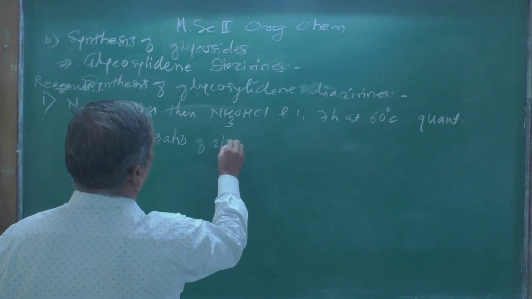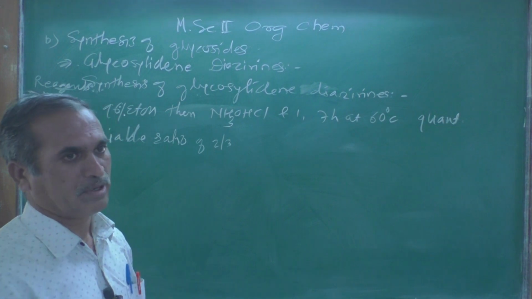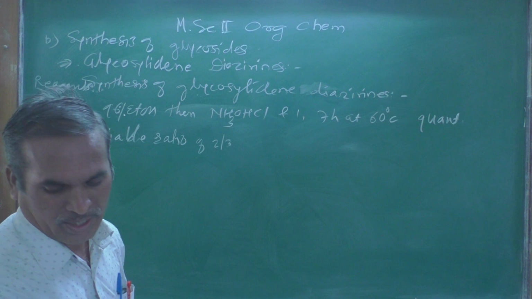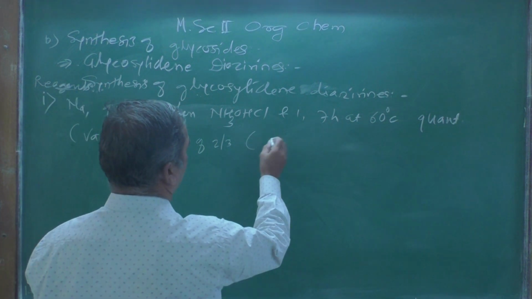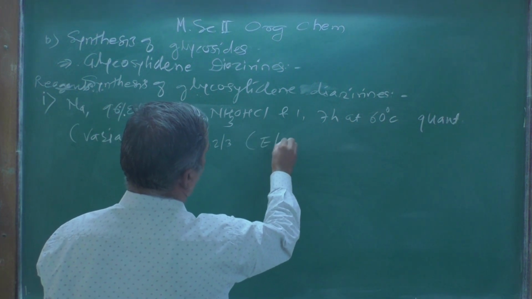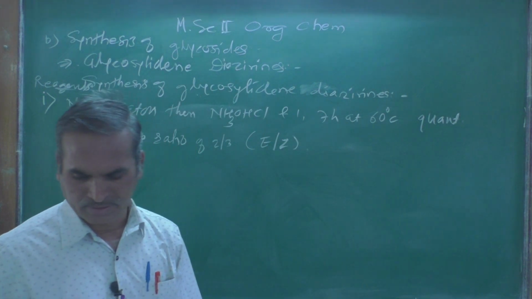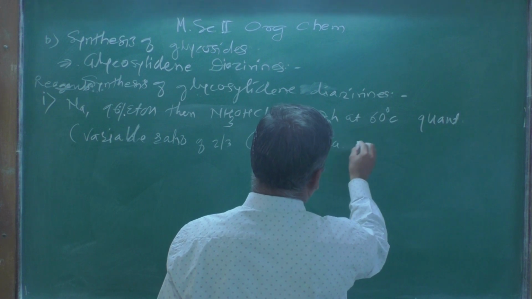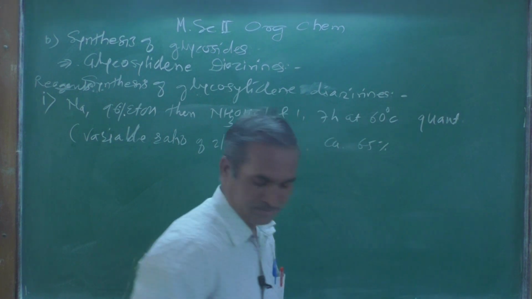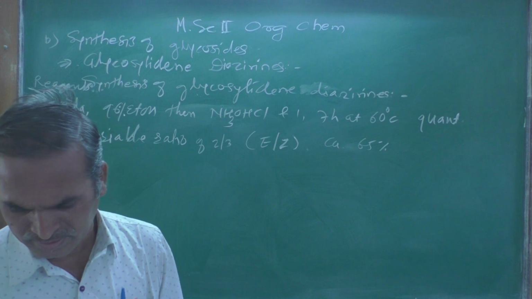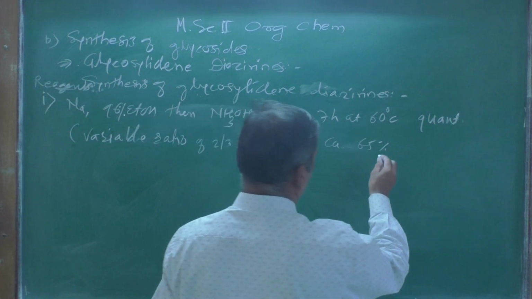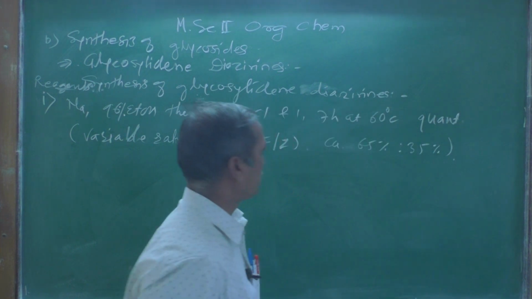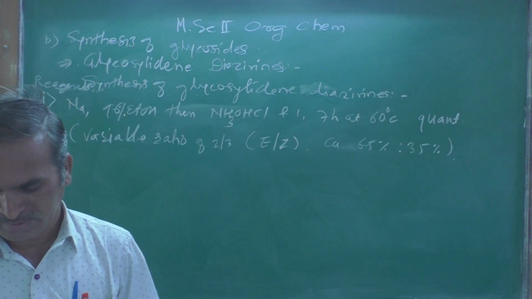of 2 and 3. If you observe that scheme, there are 2 and 3, the E and Z derivatives, and the calculated yield obtained is 65% to 35%. So those are the yields.